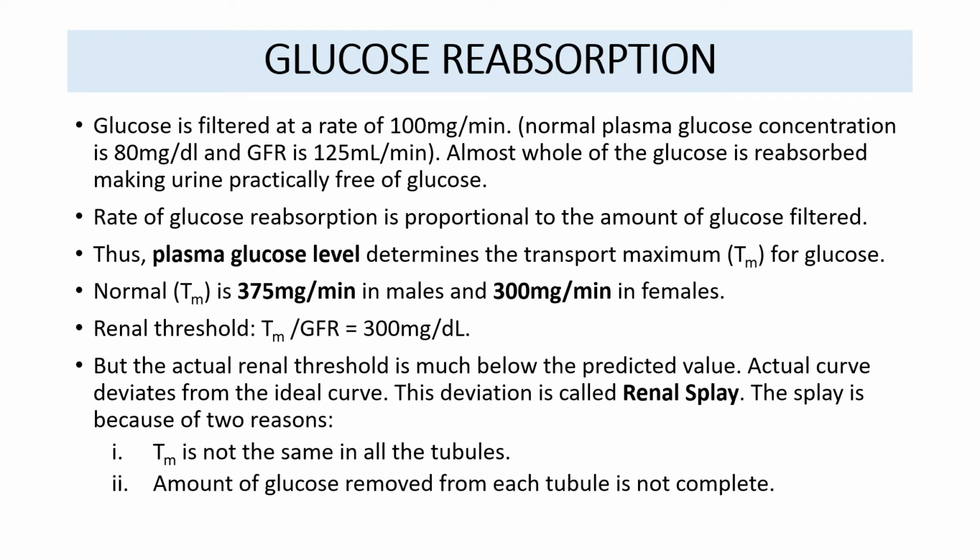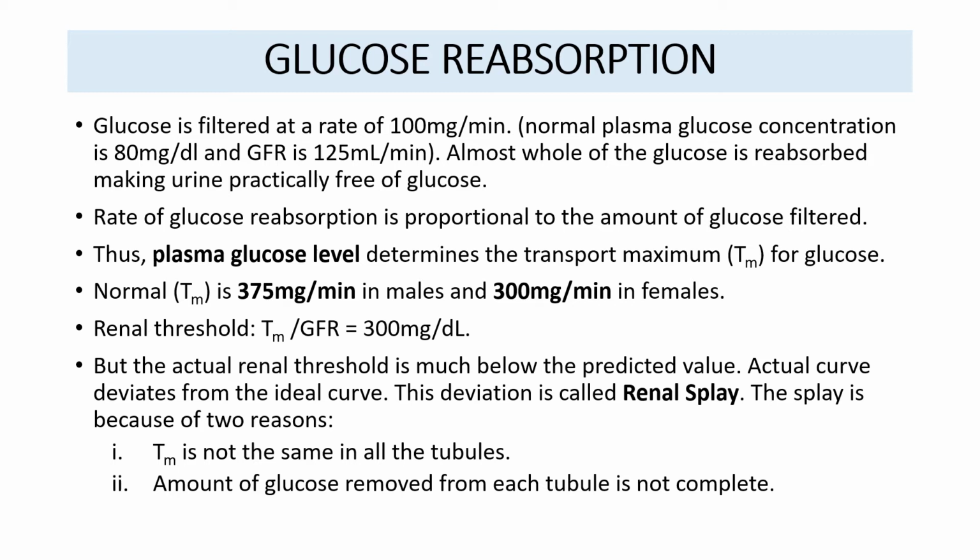Now glucose is filtered at a rate of 100 milligram per minute. How did you come to this? You know that normal plasma glucose concentration is about 80 milligram per dl and GFR is 125 ml per minute.